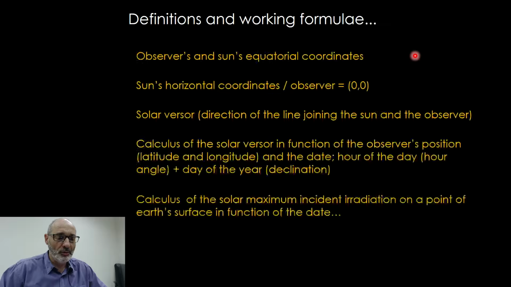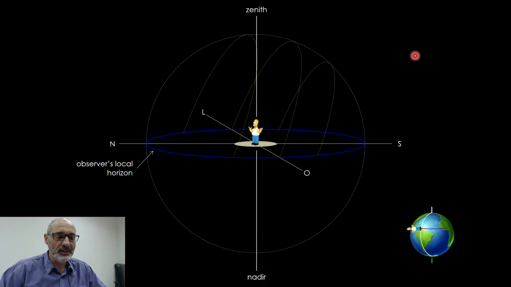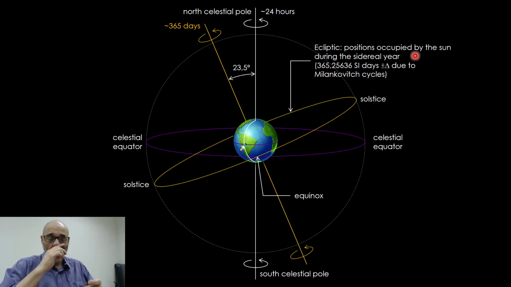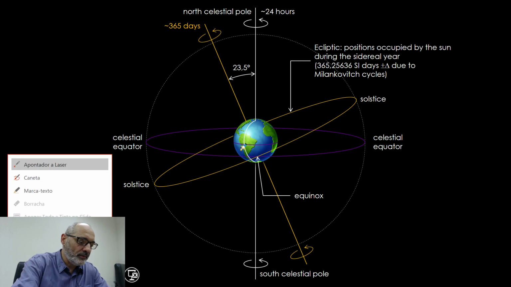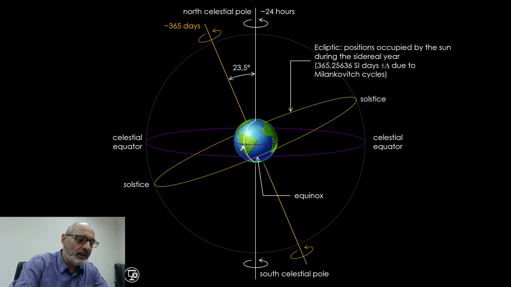Let me just go back some slides to show you where you can visualize this. Sorry, I need to get my pen. So n is actually a partition of the ecliptic.